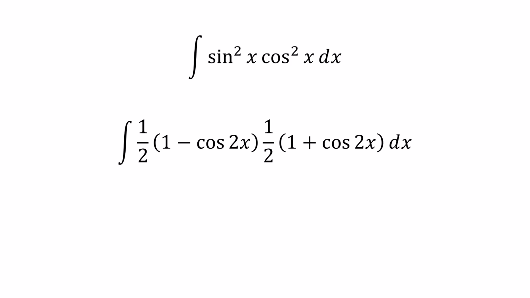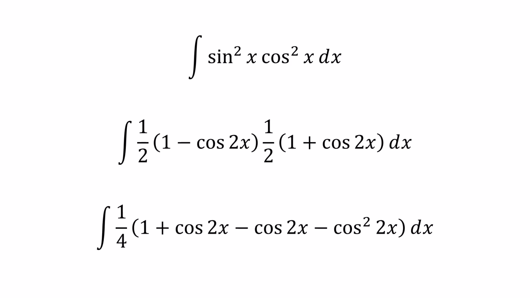Multiplying then gives the integral of 1/4 times 1 plus cosine of 2x minus cosine of 2x minus cosine squared of 2x dx.